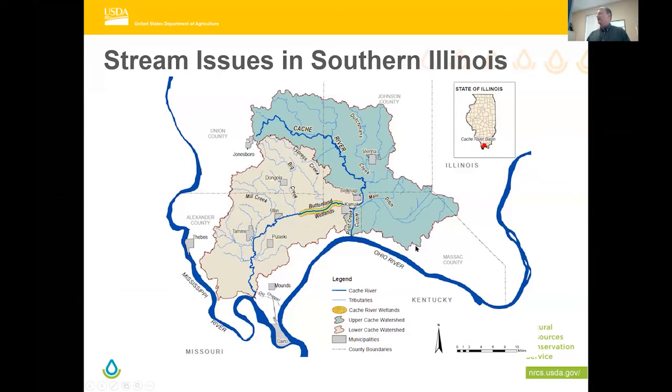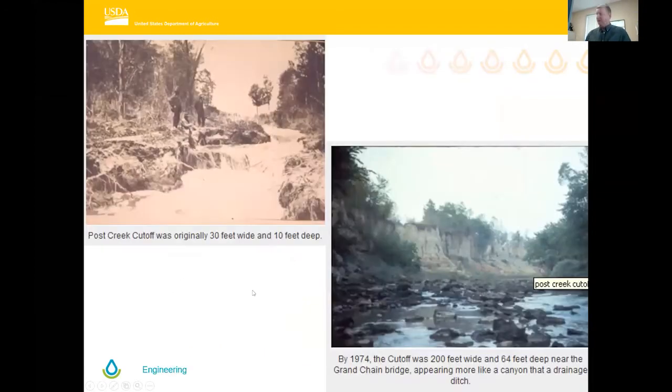But there's sections of this channel where flow goes both directions depending on storm events, and most of the flow from the upper Cache River now goes down the Post Creek cutoff. Most of the flow from the lower Cache River now goes into the Mississippi. So those channels that were once originally dug 30 feet wide, 10 feet deep, now they're over 200 feet wide and 60, 70 feet deep.